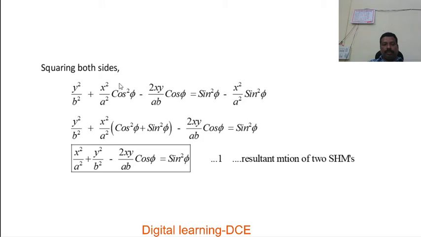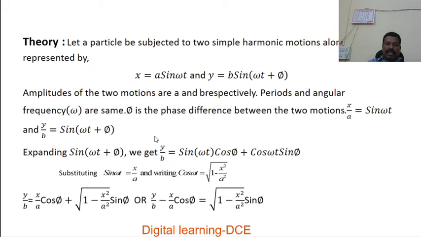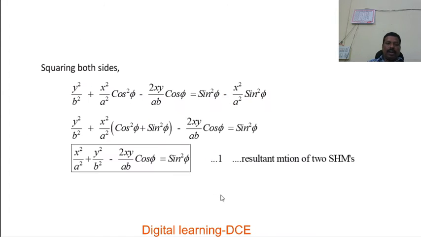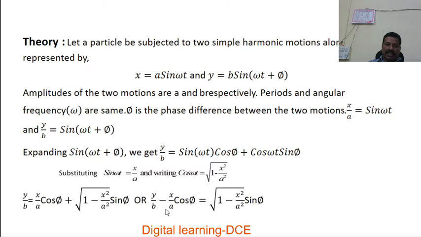Now, in the previous expression, we are going to square both sides and simplify. Squaring both sides, that is (y by b minus x by a cos φ) whole squared is equal to 1 minus x squared by a squared, multiplied by sin squared φ.